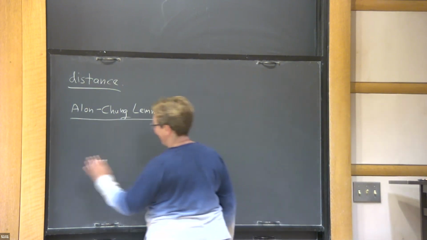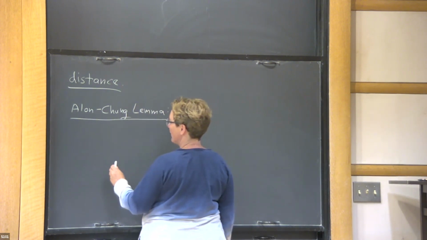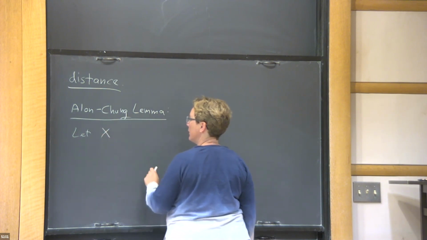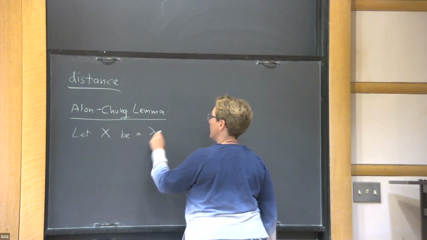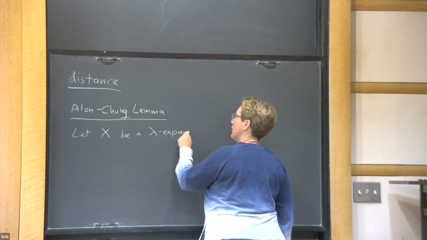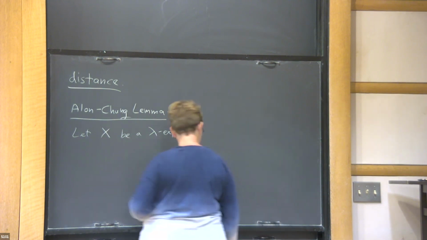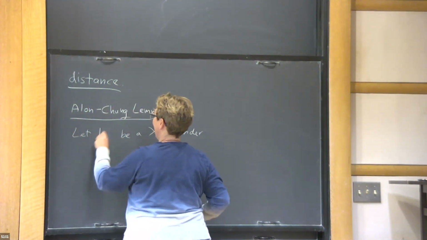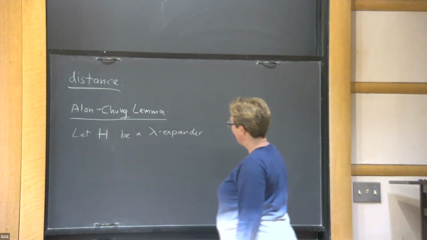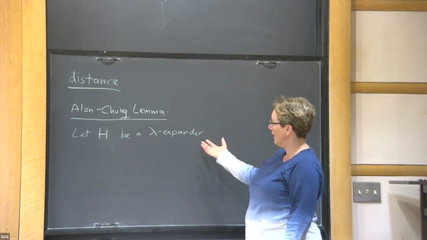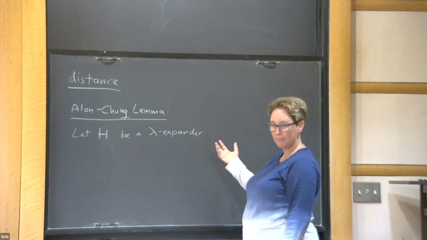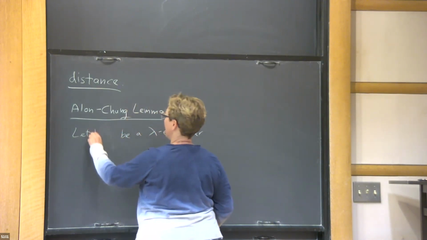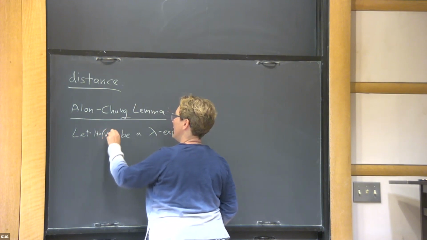The way I heard this from Alex, I think it's a nice formulation, is that you have an expander graph. Let X be a lambda expander. That means that lambda is the bound on the absolute value of the second eigenvalue. Let me write H equals (V,E).